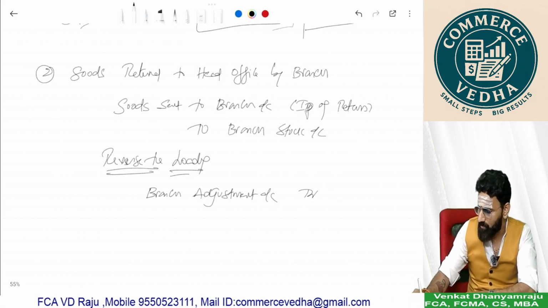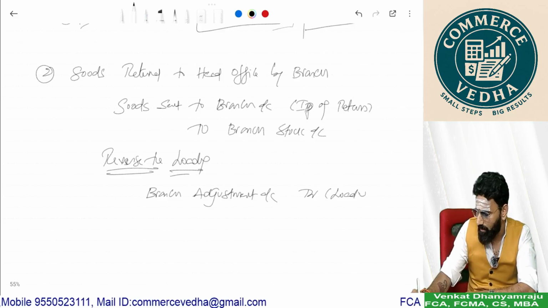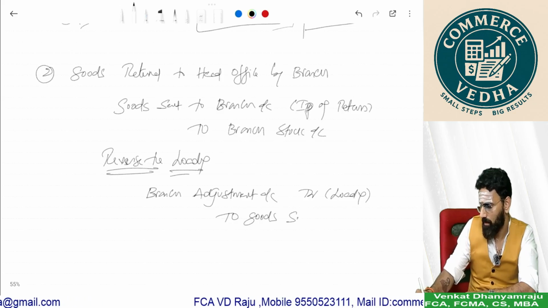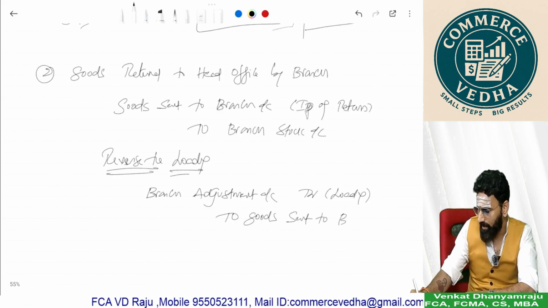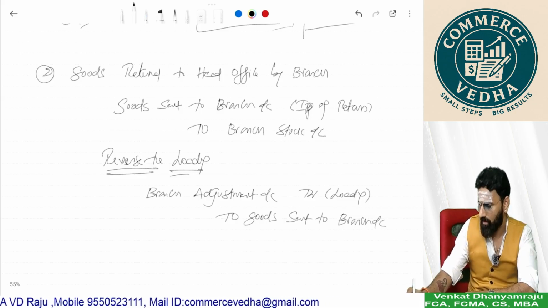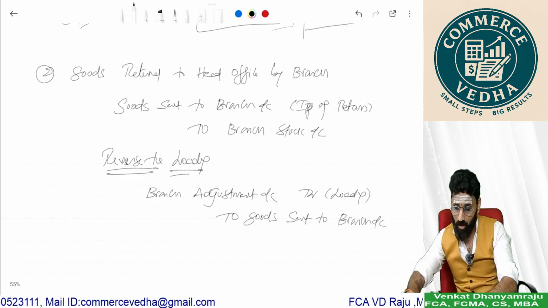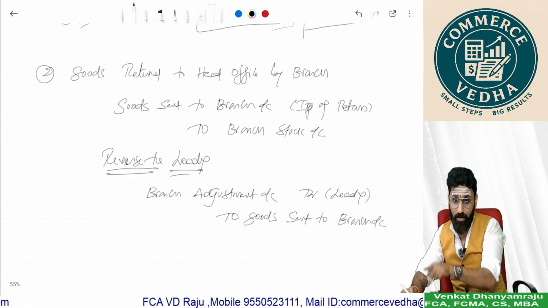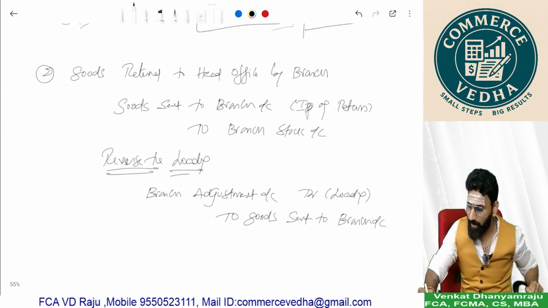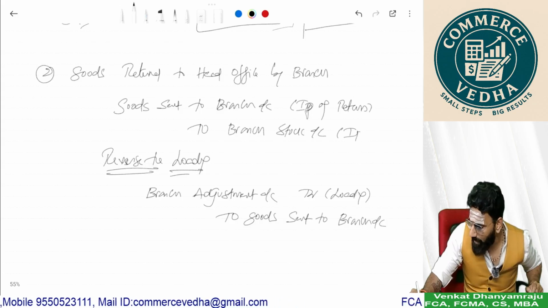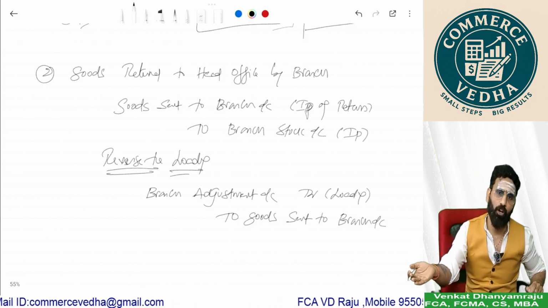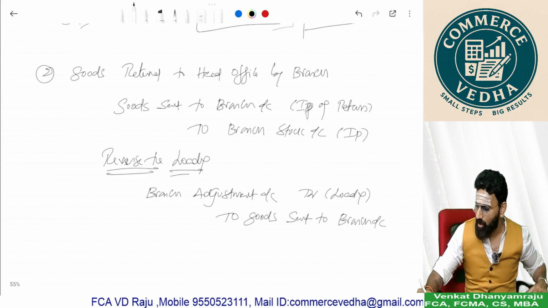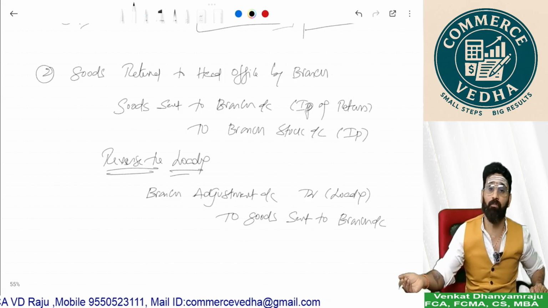So branch adjustment debit loading to goods sent to branch account. So again here goods sent to branch account returned with invoice price and cancel the profit, net returns is cost, and branch it is invoice price. We should reverse the invoice price because it is no more my stock, given back to HO, and adjustment is with reversal of loading.